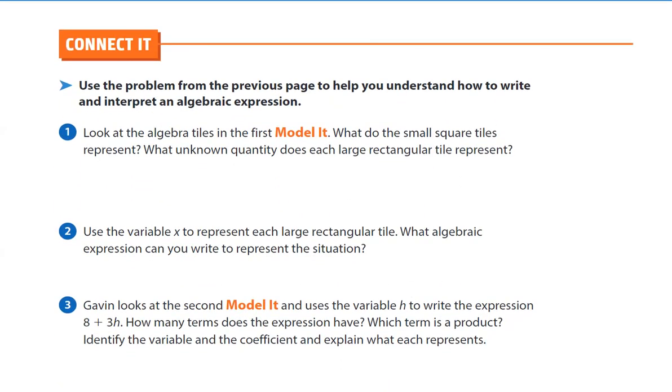Okay, number 1, look at the algebra tiles in the first model. Let's go back to the first model with the algebra tiles. What do the small squares represent? Oops, I already told you. Spoiler alert. Small squares represent 1 husk each.